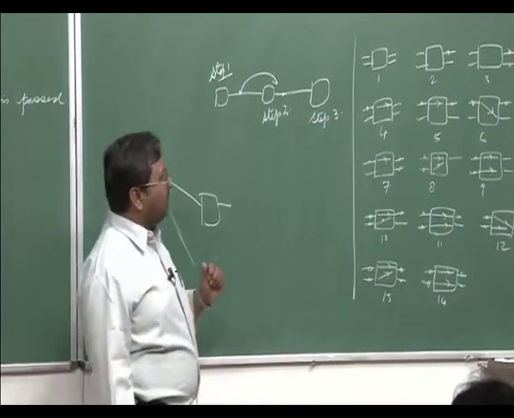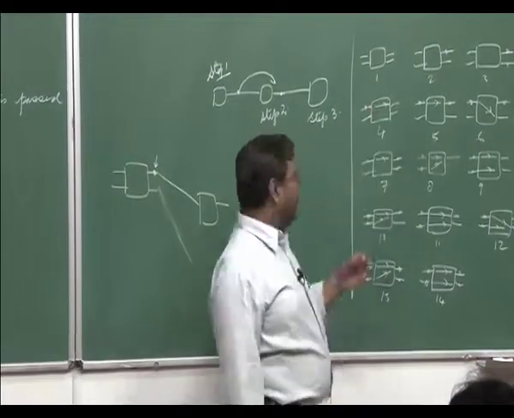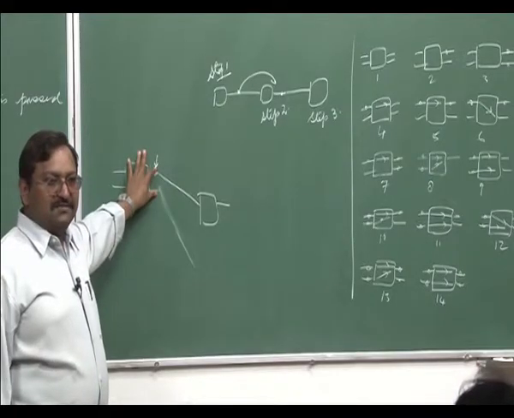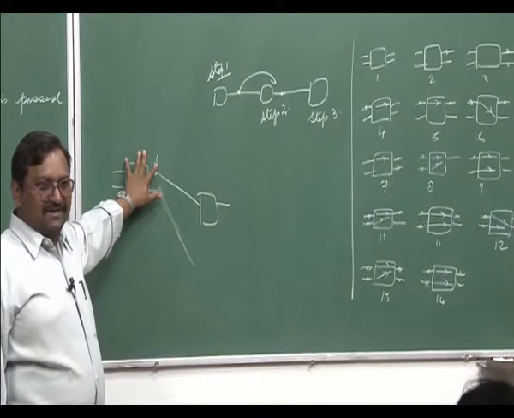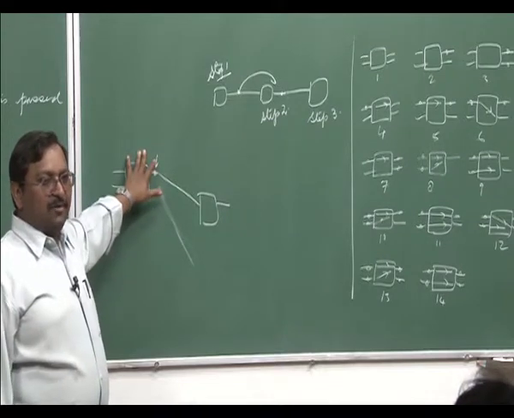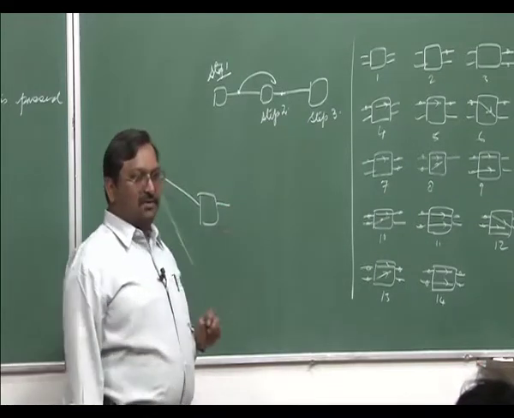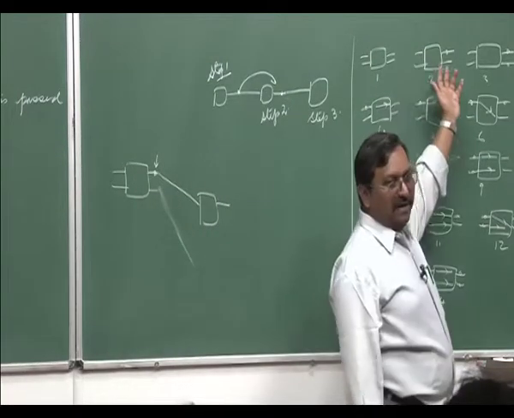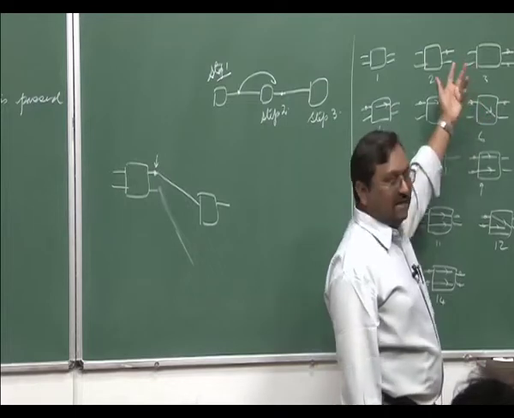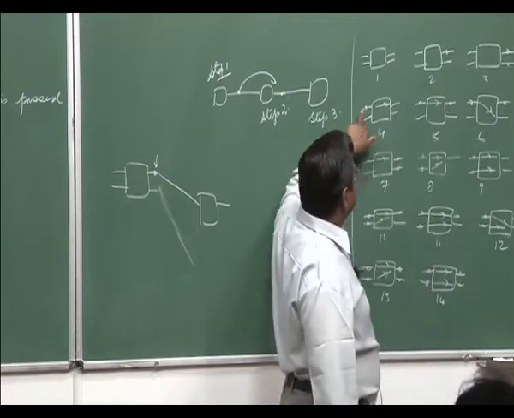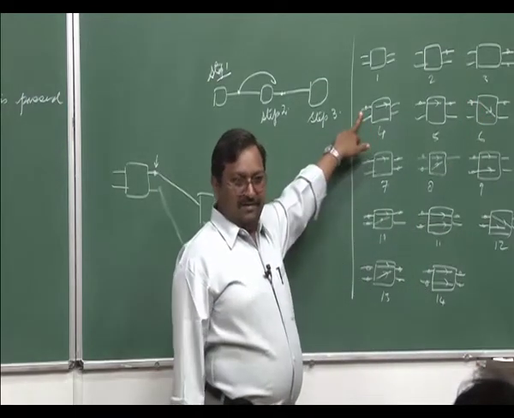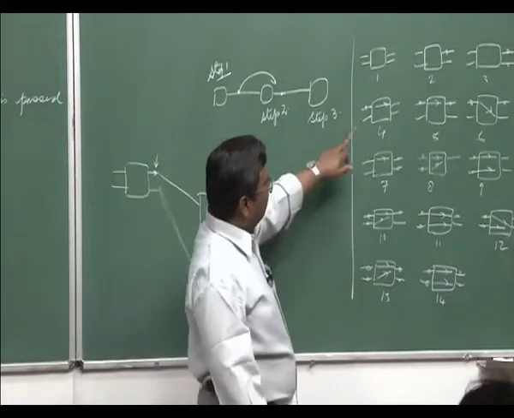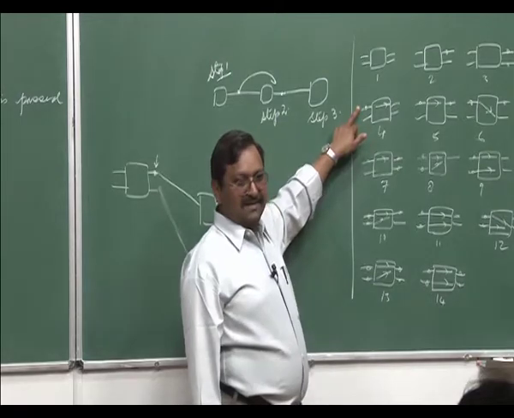If you look at, for example, state 1, there will not be any packet here going out. I have to look only at those states where this packet will be there, and then find out whether the packet can move to the other side or not. For example, in state 2 there is no packet at the input, so this cannot be counted; 3 cannot be counted; in 4 there is a packet here. The question is whether it is connected to this link or to this link.